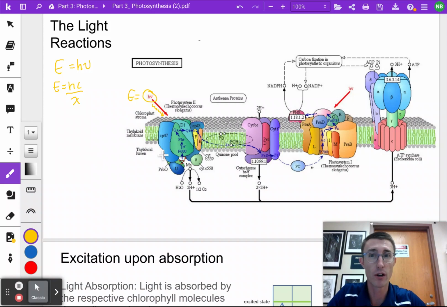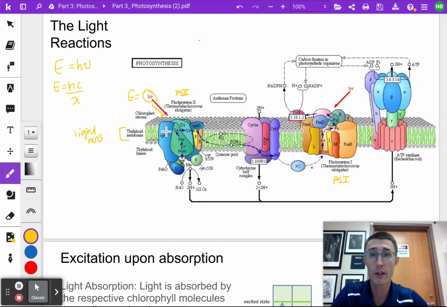So if we look at an overview of this, we've got the thylakoid membrane, which is where the light reactions are taking place. And inside this thylakoid membrane, we can look at these different structures. So we've got several different structures that we can observe. We've got photosystem 2, PS2. We've got photosystem 1, PS1, and then we have this cytochrome b6f complex here.